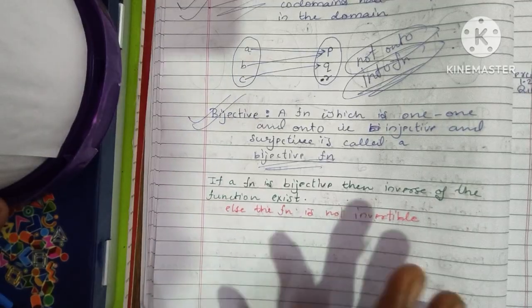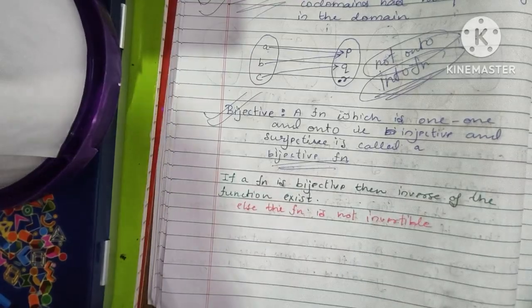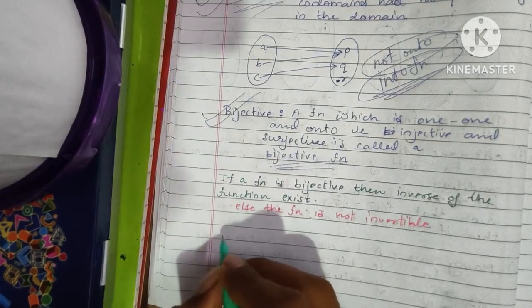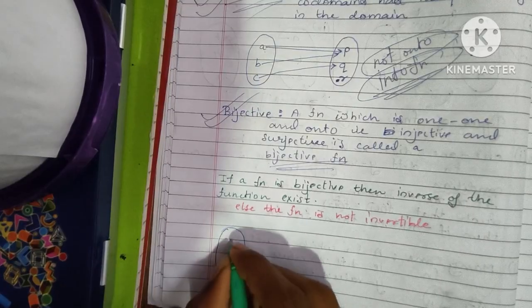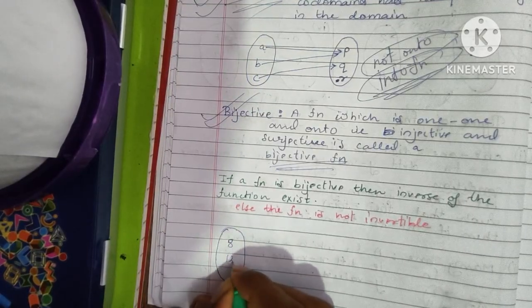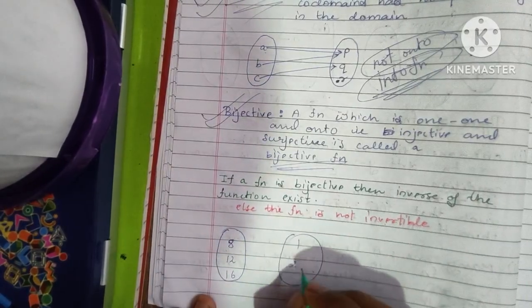Else the function is not invertible. So, inverse of the function. Let me consider an example, then it will be more clear to you. 8, 12, 16. 1, 2, 3.